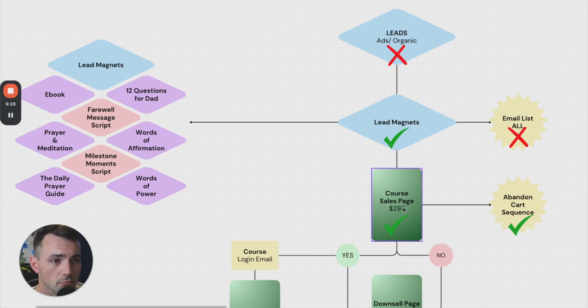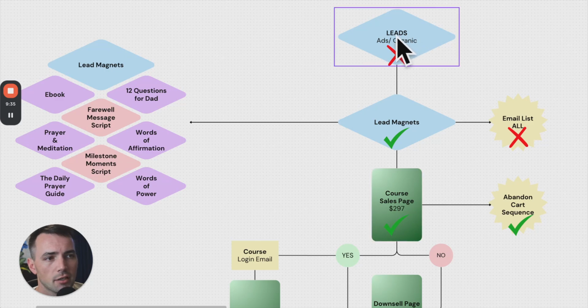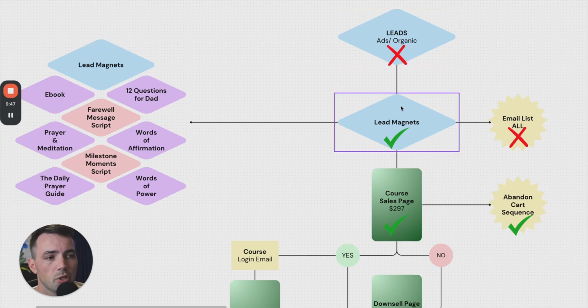So it's good to add a lead magnet in between the course page and the ad. So instead of making your ad or your content push directly to the course for $297, you want to push it to a lead magnet.